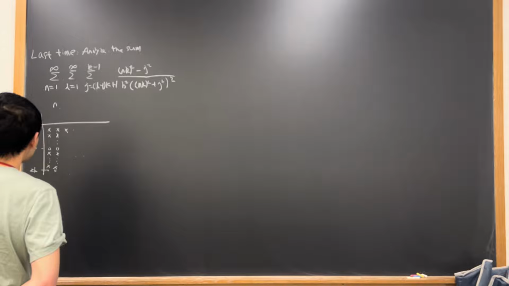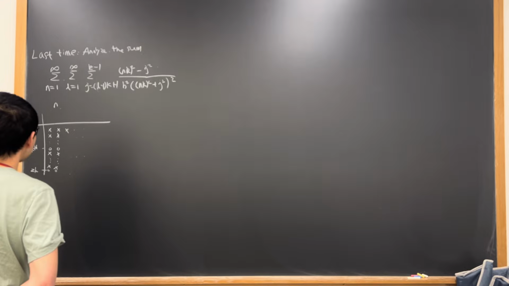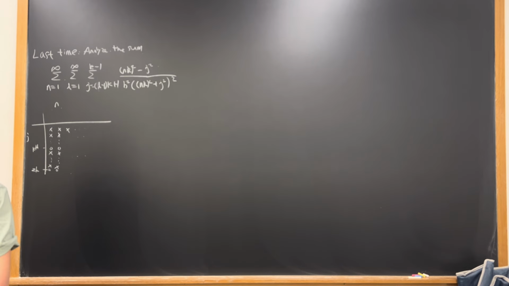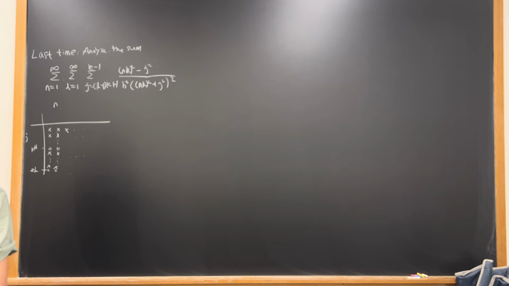So if J appears on the kth column, then J is equal to K, so the NK will be cancelled out.